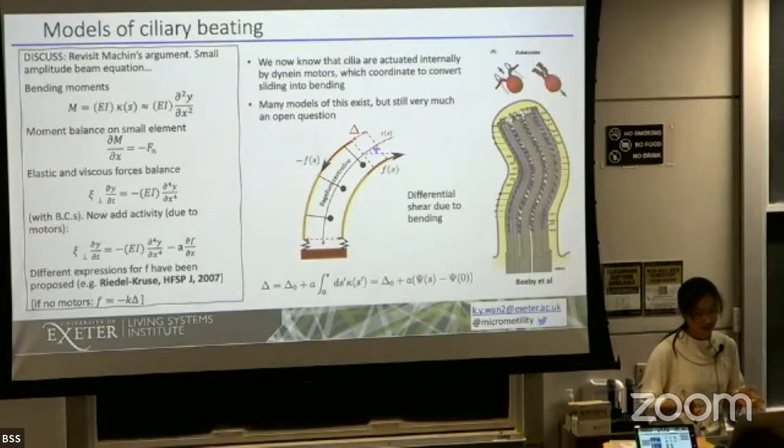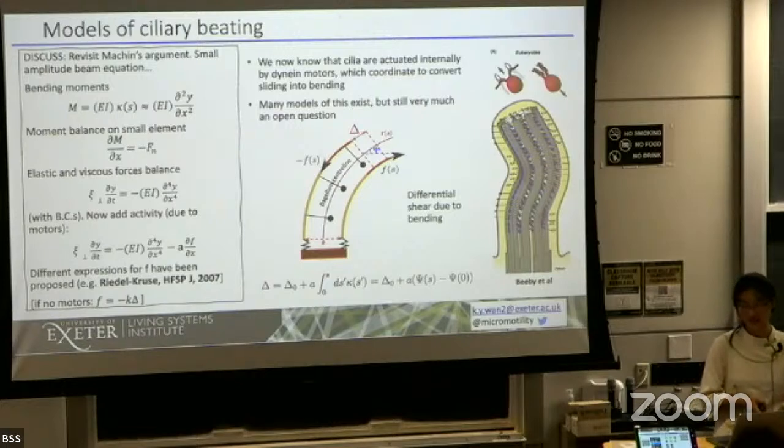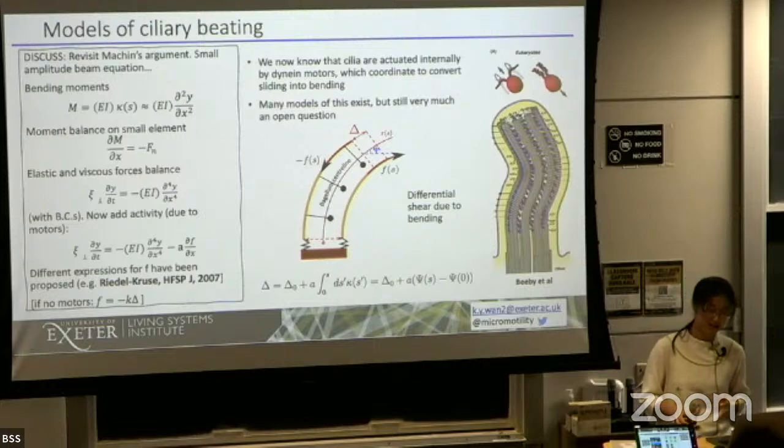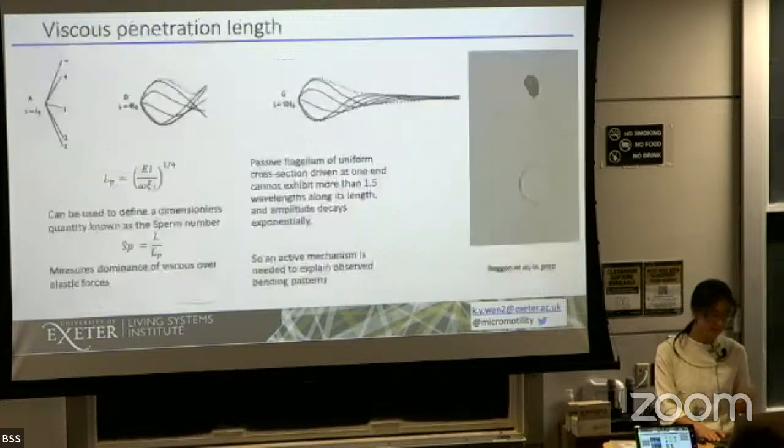For example, we think that some motors are critical for regulating beat frequency, whereas other motors are important for regulating beat amplitude. And together, in this three-dimensional architecture, they're able to generate this very dynamic beat pattern that we find.